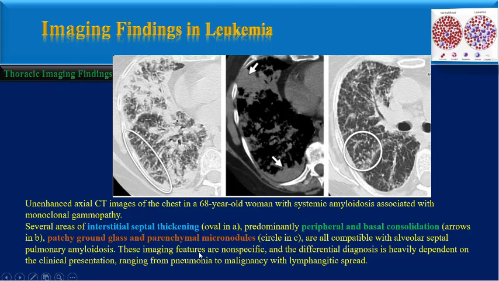These imaging features are non-specific and the differential diagnosis is heavily dependent on the clinical presentation, ranging from pneumonia to malignancy with lymphangitic spread, but pulmonary amyloidosis was proven at wedge biopsy in this patient.